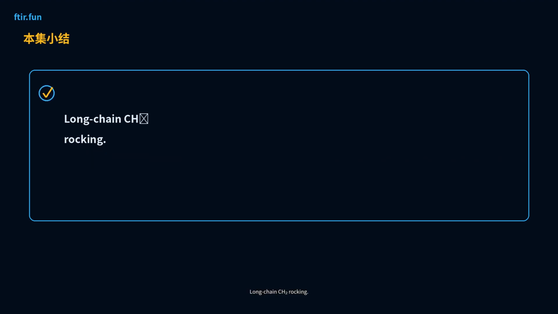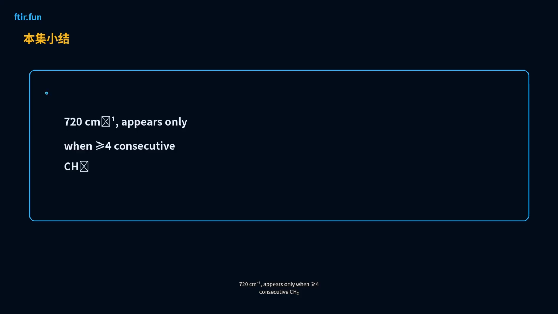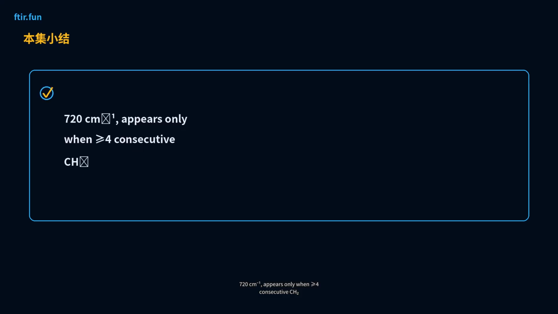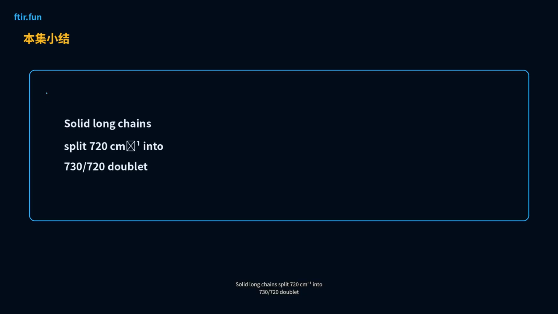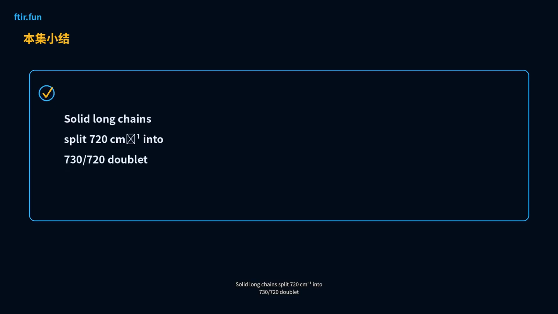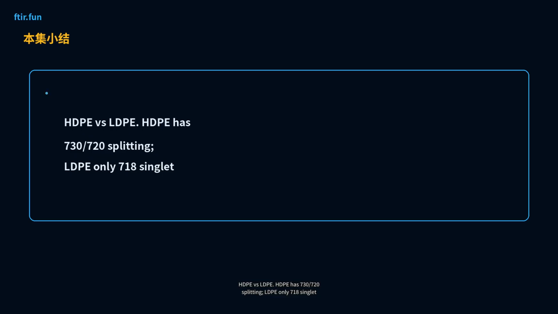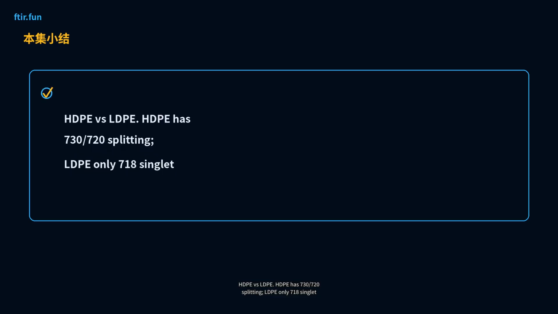Long chain CH2 rocking: 720 centimeters appears only when there are at least 4 consecutive CH2. Crystallization splitting: folded long chains split 720 centimeters into a 730 to 720 doublet. PE shows 730 to 720 splitting, PP only a 718 single peak.